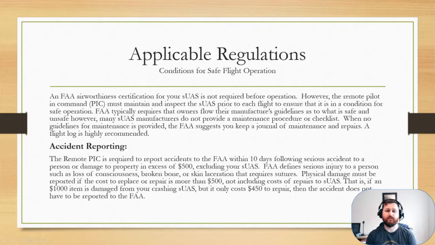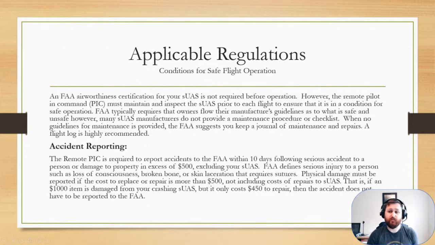The FAA typically requires that owners follow their manufacturer's guidelines to determine what's safe and unsafe. Now, one thing to note with that is a lot of manufacturers won't actually provide any form of a maintenance procedure or checklist. So if that does not exist, you need to make sure that you keep a journal of any maintenance and repairs that you yourself have to do.